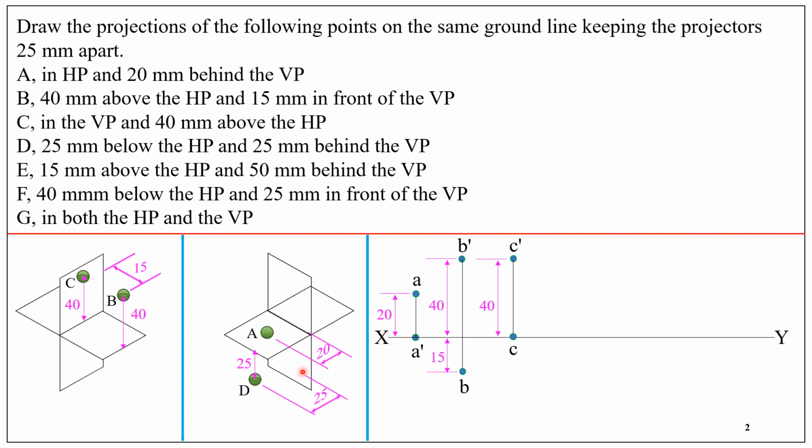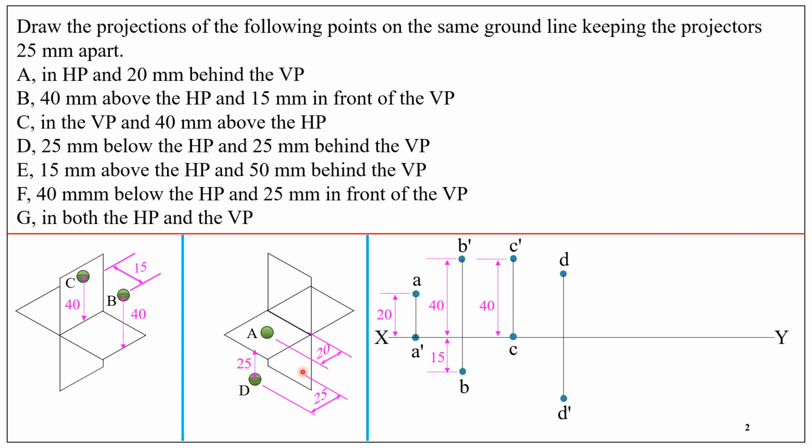Front view is below XY line, and top view is above XY line. So mark a point D dash below XY line. So this is the front view. To draw the top view from D dash, draw the vertical projector and above XY line mark point D, which is the top view.